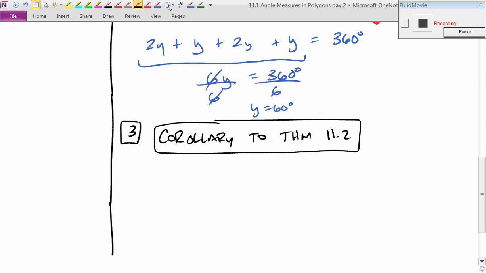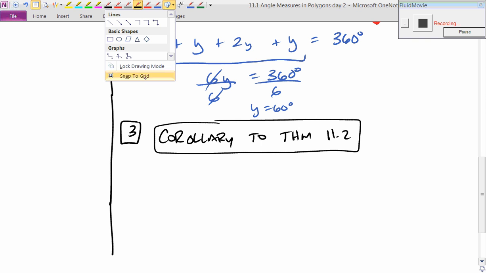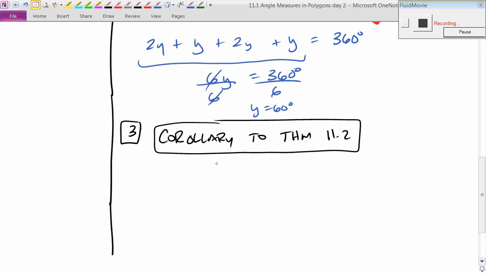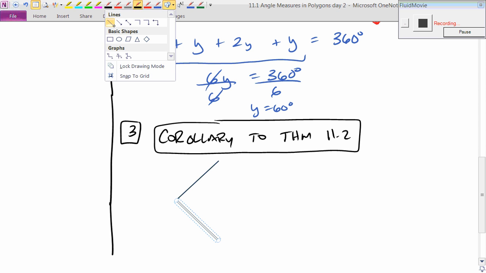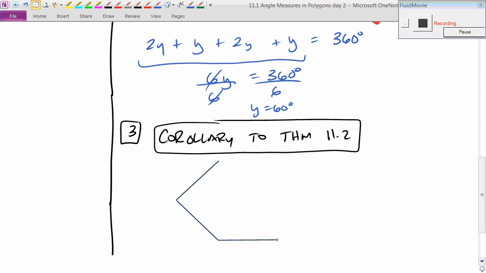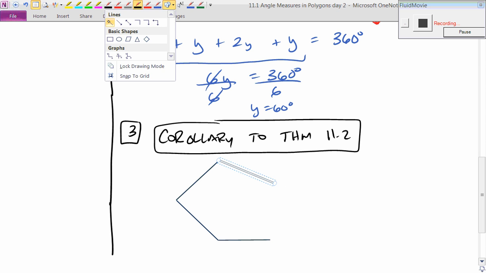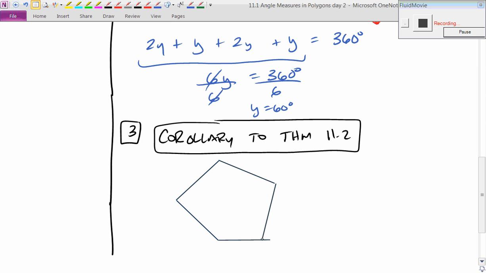So, I need you to draw a regular pentagon. So what's a regular pentagon going to look like? No, not a house. What's regular mean again? Equal sides, equal angles. Well, I'm doing the best to draw a regular pentagon here. Maybe you guys will do a much better job than me.